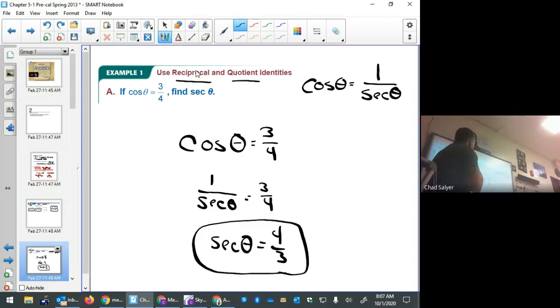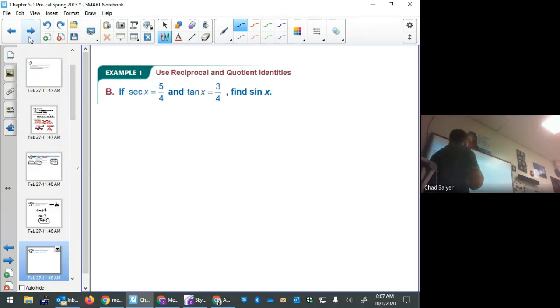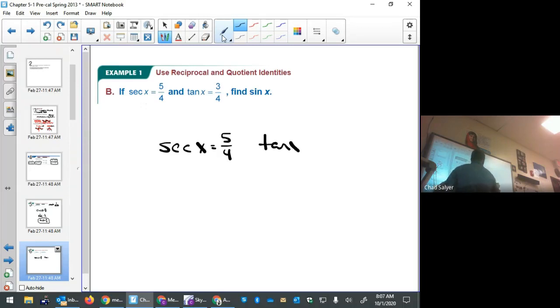Okay, so nice, easy start to chapter 5. Part B, if secant of X is 5/4, and tangent of X is 3/4, find sine of X. So we're going to use some of those reciprocal and quotient identities.